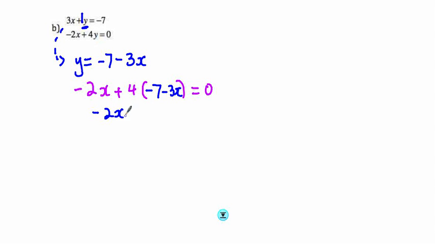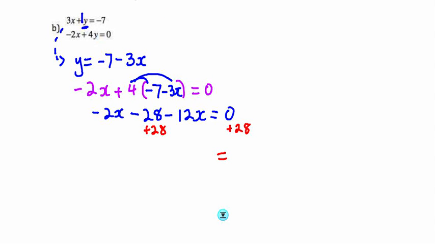So we have minus 2x, we distribute, minus 28. 4 times minus 3 is going to give us minus 12x, and that is equal to 0. At this point I'll add 28 to both sides, and at the same time combine the like terms.